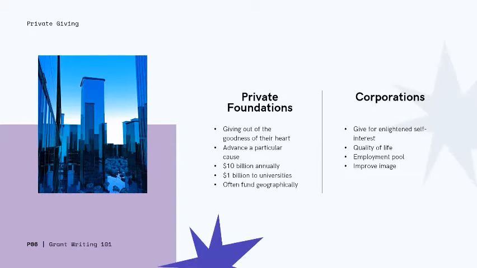So foundations award dollars to be able to do that. Annually, foundations give out about $10 billion every year, and about 1 billion of those dollars go to colleges or universities. So about $9 billion is available to nonprofits, businesses, et cetera, from a foundation perspective.